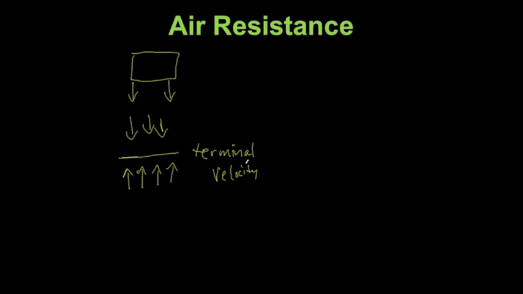So air resistance is affected by two things. Surface area, because the greater surface area, the more molecules it hits, and speed, because the faster you go, the more molecules you come in contact with. You're hitting them more rapidly.